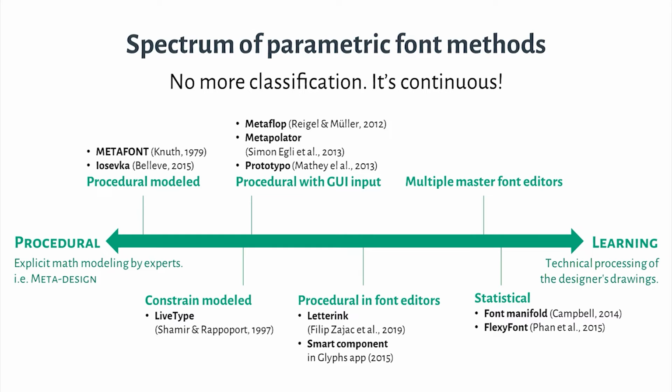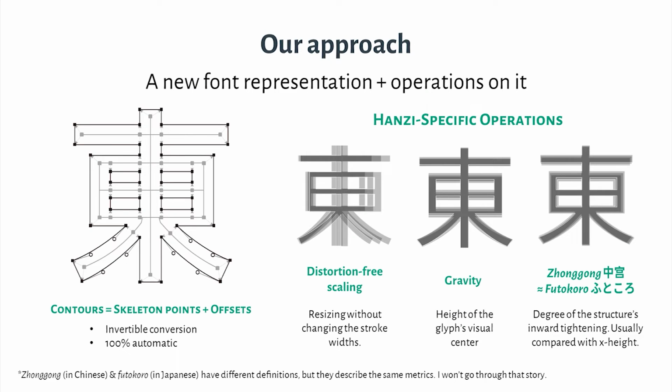When applying those methods to Hanzi, especially the procedural ones, the complexity of the meta design becomes a reason why we couldn't choose such methods for this scenario. Therefore, in order to propose a method that is truly useful for the CJK type design, we decided to make it more learning-based. So here is our learning-based method using only one sample.